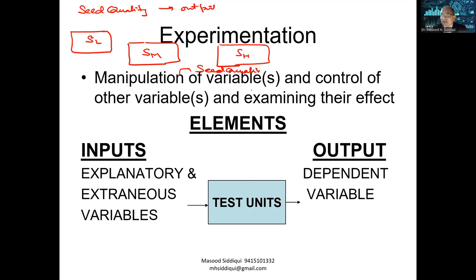Okay. So as per the discussion, the experiment has three elements, the elements of the experimental design. One is the input. We have two types of variables. One is the explanatory variable, which constitutes the variable under study.